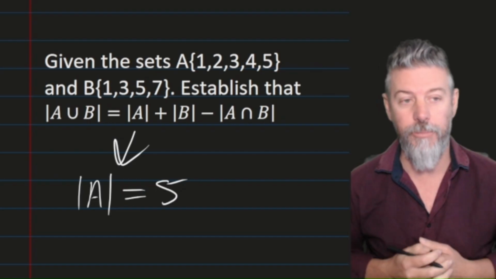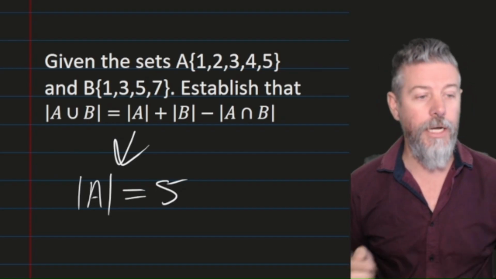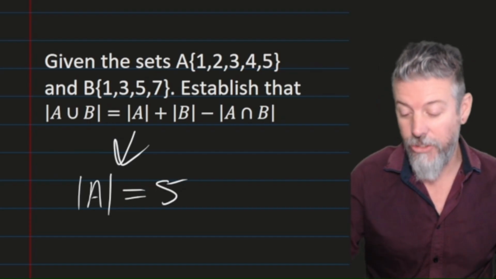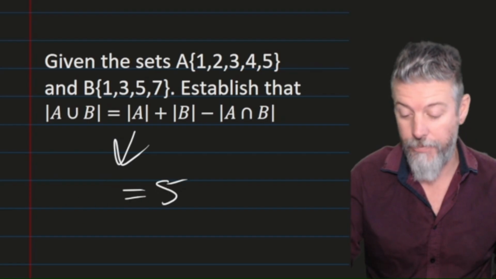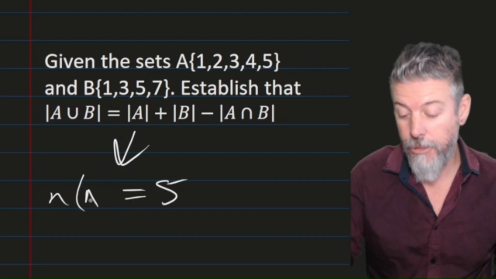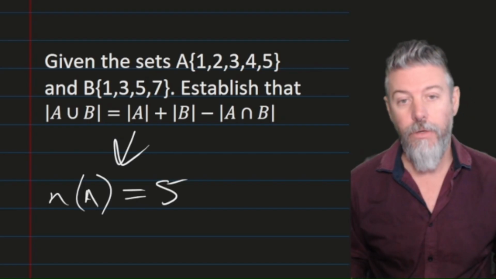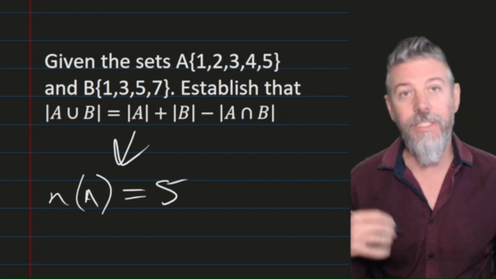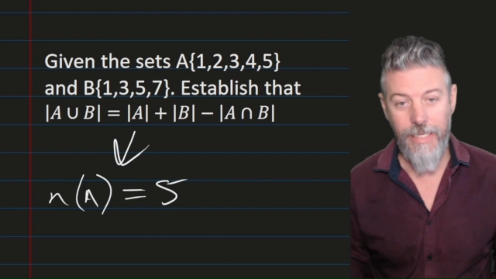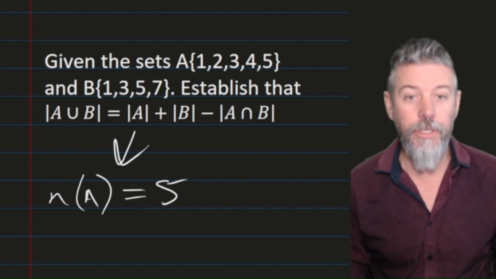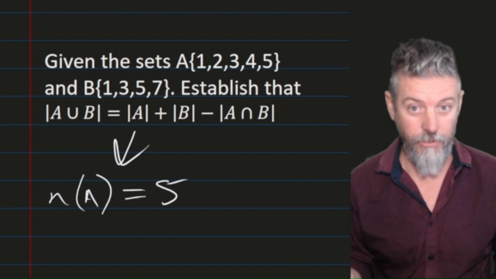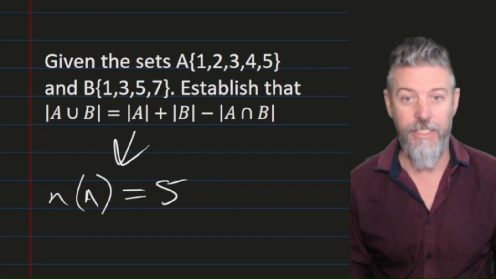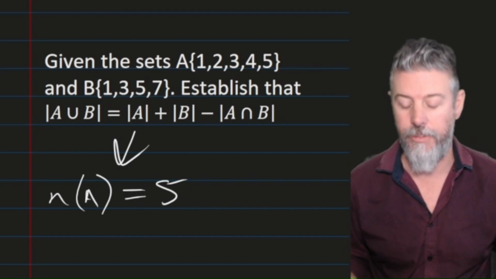It has 5 elements in it. Now, in your syllabus, there is a second notation for the same outcome that can be written. You can have small n of A. So the small n is saying what's the number of elements in A, and that will give you the same answer as the absolute value of A in terms of these sets. So it's just talking about the size of it.